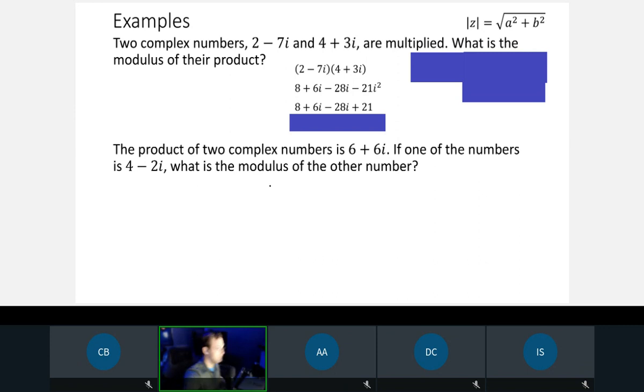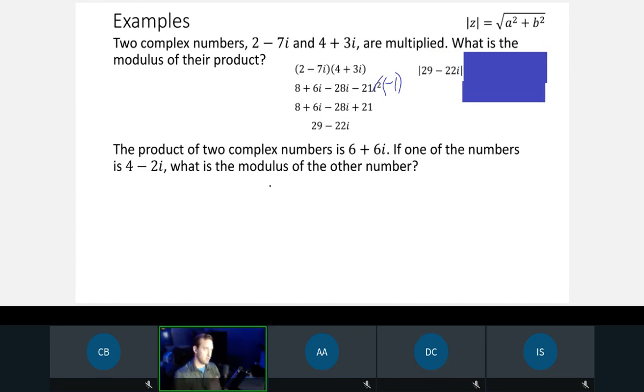So let me just be thorough and show what I did. This became -1. The -1 times negative is positive. Then we combine like terms to get this. And then from this point, I found the modulus of that product.